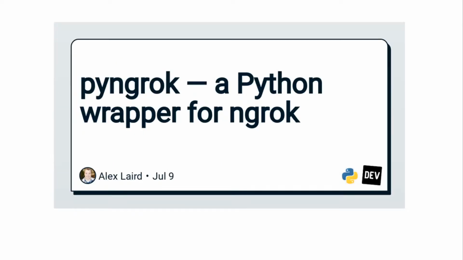So how do you actually create a data app? For that, you would need one specific library also called ngrok. Now what is this ngrok? ngrok is a Python wrapper for ngrok, and ngrok is one specific server for tunneling.